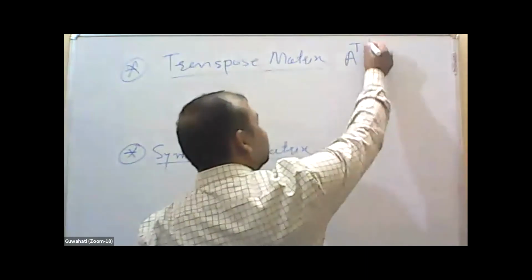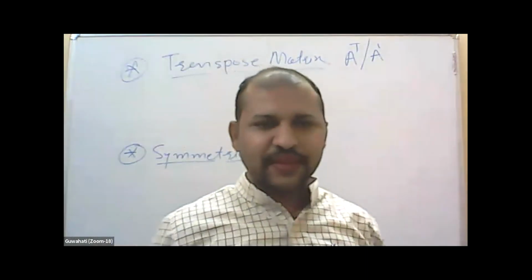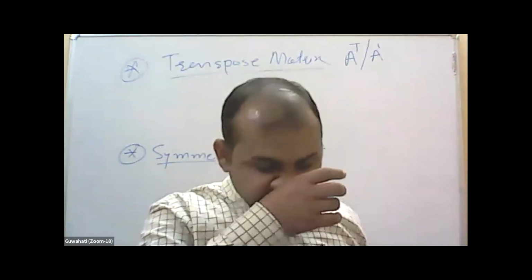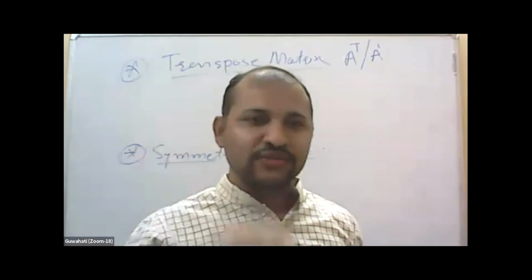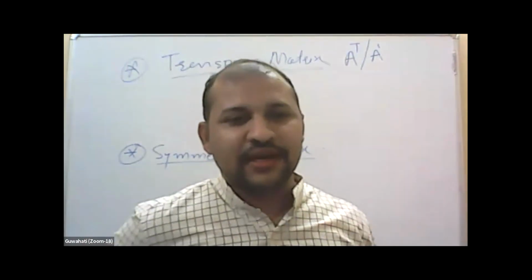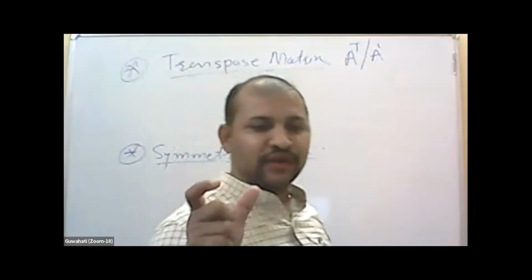So these are the different notations generally used for the transpose matrix. For any matrix A, if we change rows into columns or columns into rows, we call it a transpose, by interchanging rows and columns.